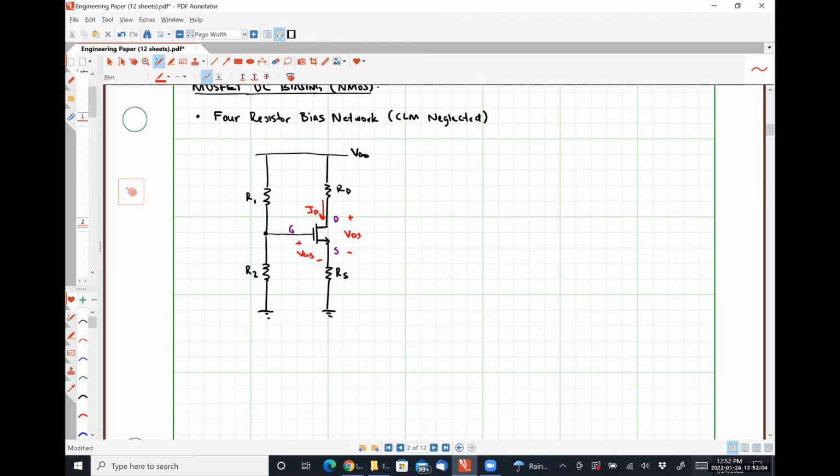So let me ask you guys a question here. Is there anything about this drawing, this schematic representation, that tells us anything about the mode, so either cutoff, triode, or saturation, at which this device is operating?